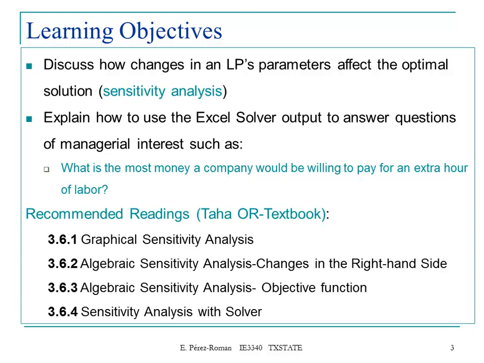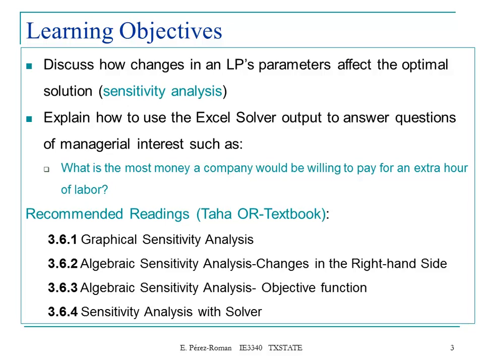Okay, so the learning objective is to discuss how changes in the LP parameters affect the optimal solution. That's what we call sensitivity analysis. We're going to explain how to use the Excel Solver output to answer questions of managerial interest, such as what is the most money a company would be willing to pay for an extra hour of labor, for instance.